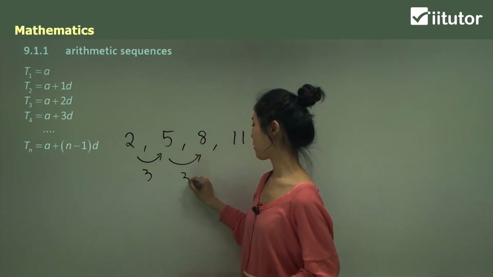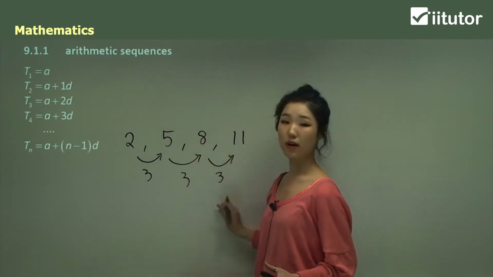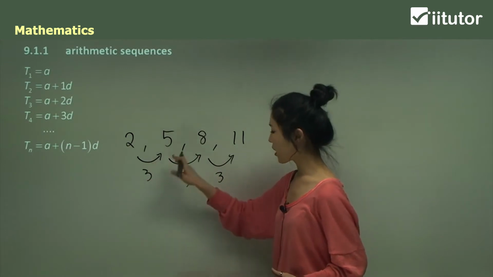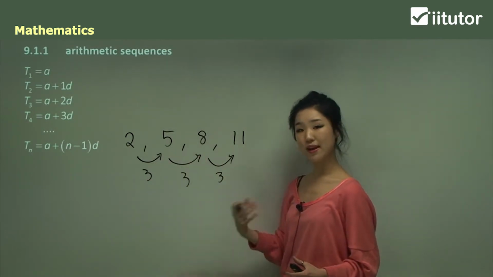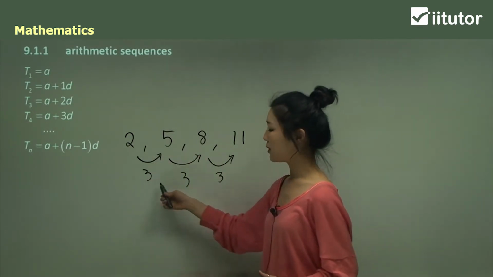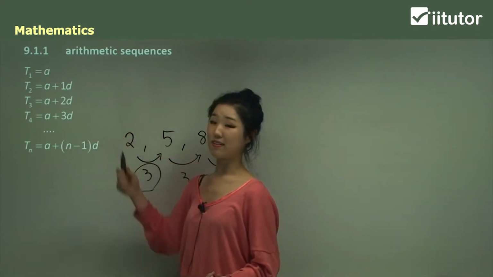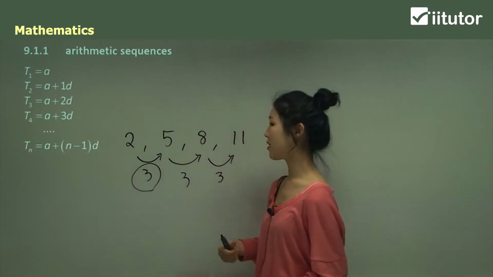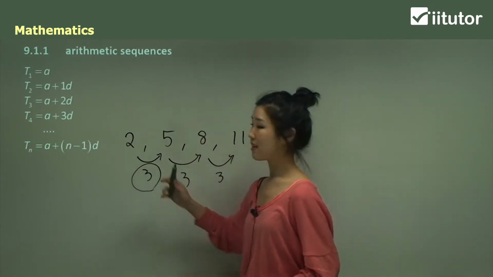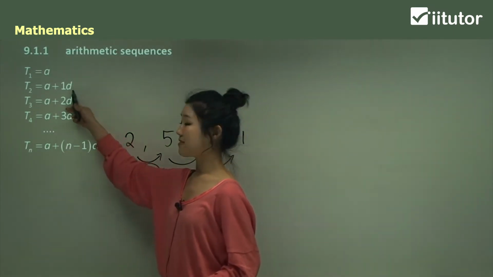We're going up by 3 each time for the next number. So basically the common difference here is 3. That's what D means. So 3 in this case is the common difference, and we note that as D.